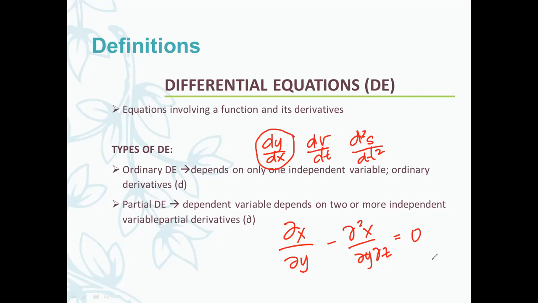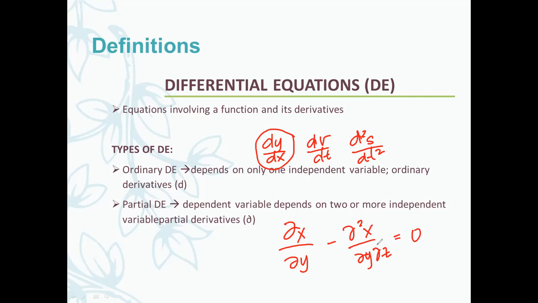In this particular example of a partial differential equation, you will notice that you have y as the independent variable. On the second derivative, which is a second order derivative, you have already y and z. So the entire partial differential equation has two independent variables, and those are y and z. The dependent variable is x.